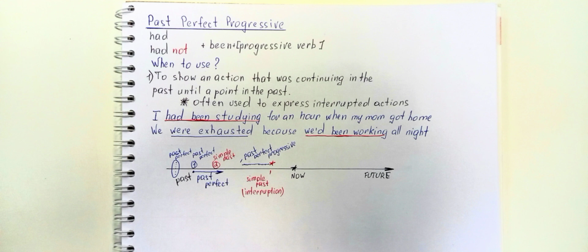So this working action had continued all night long. We want to emphasize that. And then after that, we were exhausted. But there's no change. It's like the speaker is telling a story. Maybe: we were exhausted because we had been working all night. When we got home, we found out we didn't have our case.